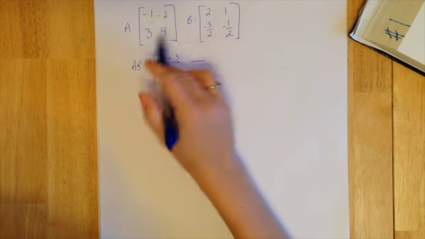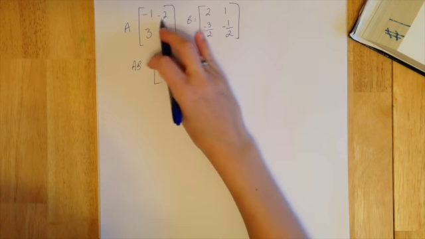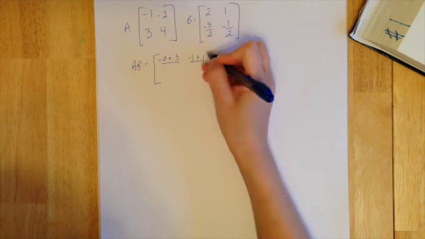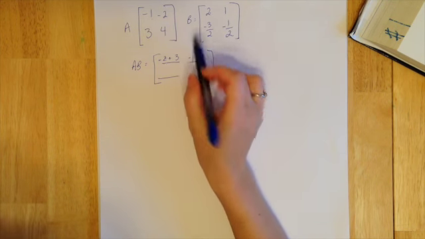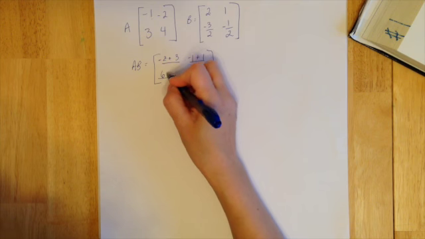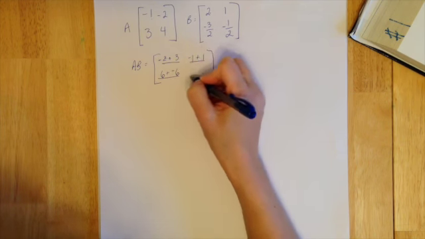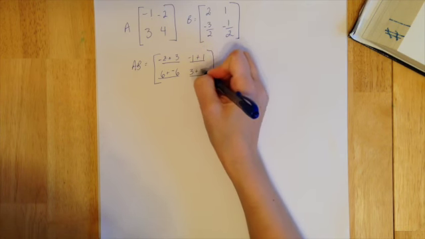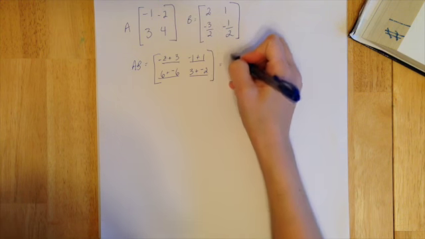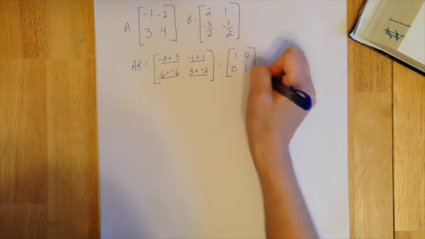My first row, second column is negative 1 plus 1. Second row, first column gives me 6 plus a negative 6. Second row, second column, 3 plus negative 2. Simplified gives me 1, 0, 0, 1.